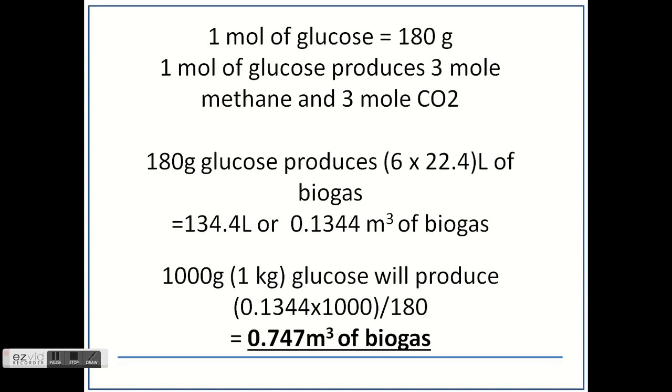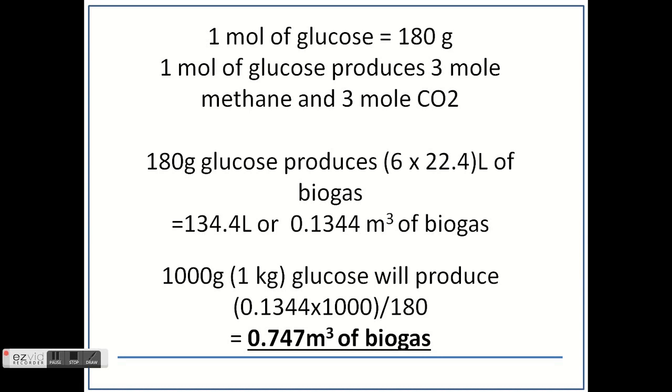Since each mole contains the same volume, we can just lump it up, and it means 180 grams of glucose will produce 6 times 22.4. This is from Avogadro's principle, which says each mole will occupy 22.4 liters volume. That would give us 134.4 liters or 0.1344 cubic meter of biogas.